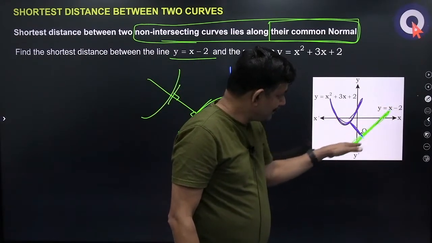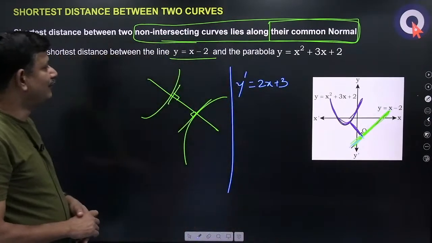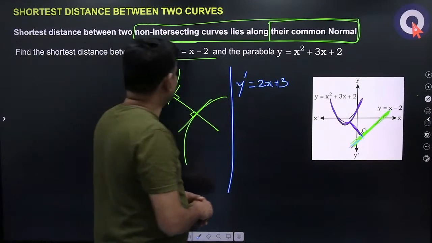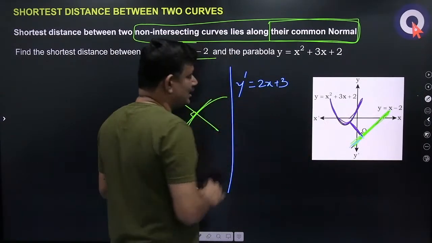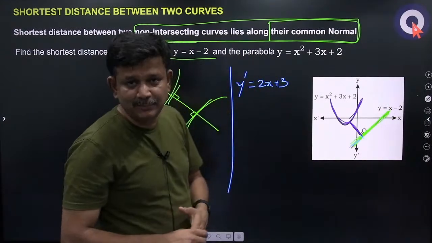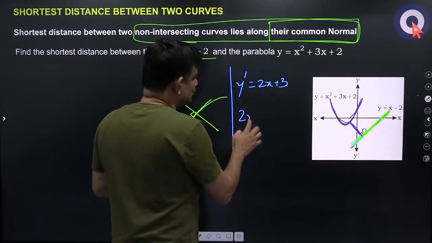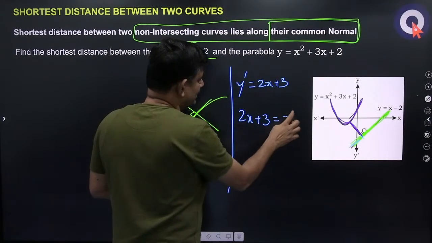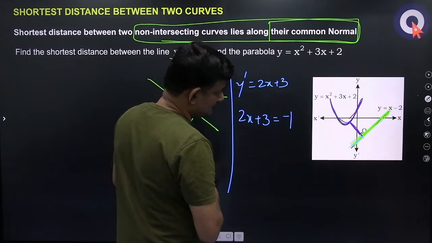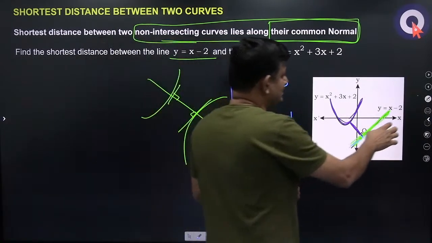It is perpendicular to the line y is equal to x minus 2. So our normal to the parabola should also be normal to this line y is equal to x minus 2. Any line perpendicular to y is equal to x, its slope will be minus 1. So 2x plus 3 is equal to minus 1. Sorry, this is the tangent slope, this tangent slope which I wrote.